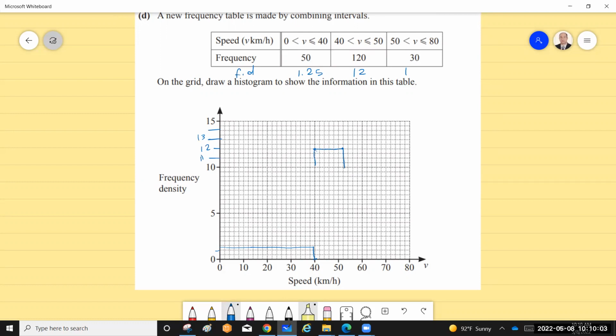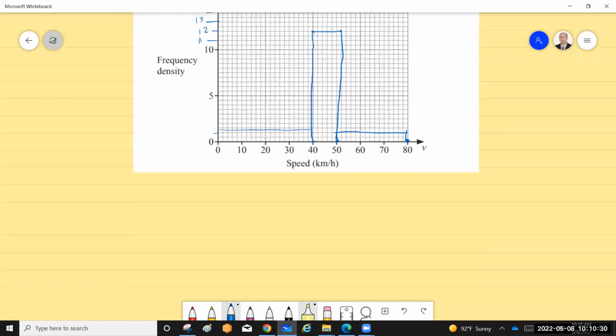From 50 to 80, the frequency density 1 is only 2 millimeters. So this is drawing the frequency density histogram.